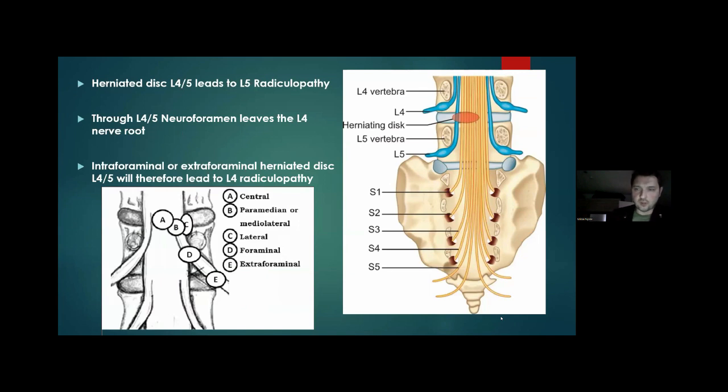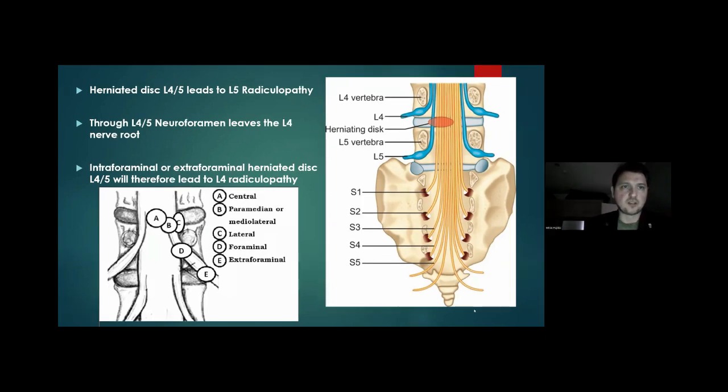One very important thing which we see very often, that even some students and residents don't comprehend early enough in their training, is the relationship between the vertebra's neuroforamina and the herniated discs. A herniated disc L4-5 leads usually to L5 radiculopathy, but through the L4-5 neuroforamen, the L4 nerve root leaves the spine. An intraforaminal or extraforaminal herniated disc L4-5 will therefore lead to L4 radiculopathy.